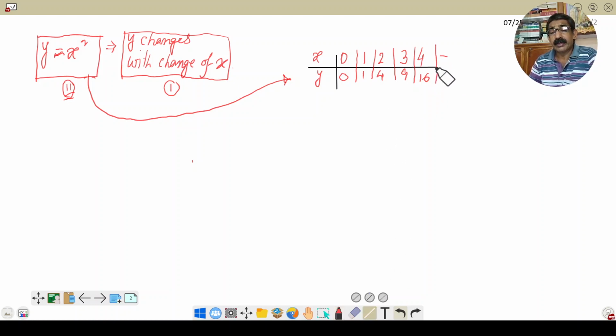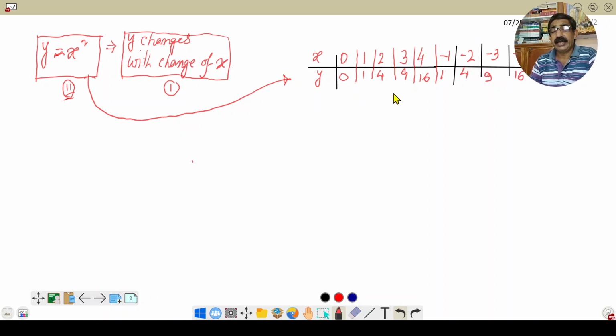When x is equal to minus 1, y is equal to 1. When x is equal to minus 2, y is equal to 4. When x is equal to minus 3, y is equal to 9. And when x is equal to minus 4, y is equal to 16.